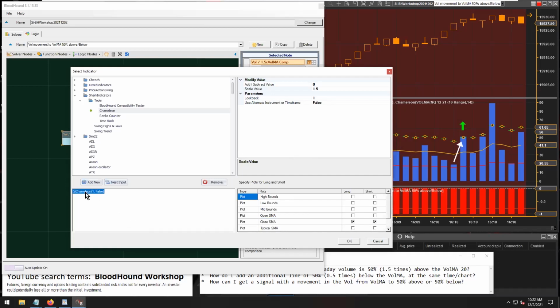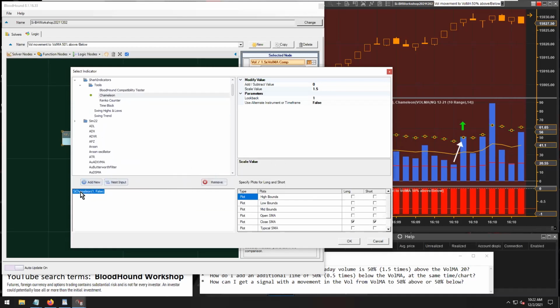All right, so Chameleon is now set up. We adjusted the properties here, and we selected the correct plot. So now we need to nest the volume MA into Chameleon, right? So we need to change the input series for Chameleon like we did on the chart.